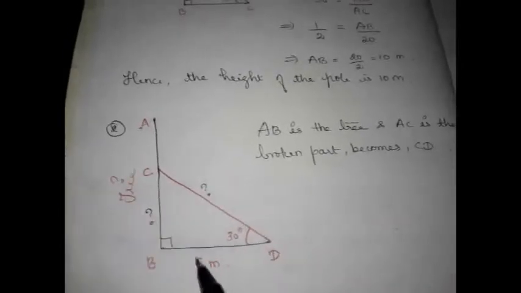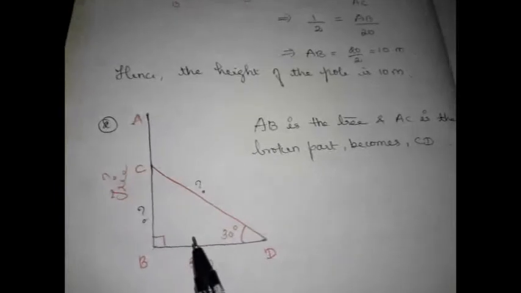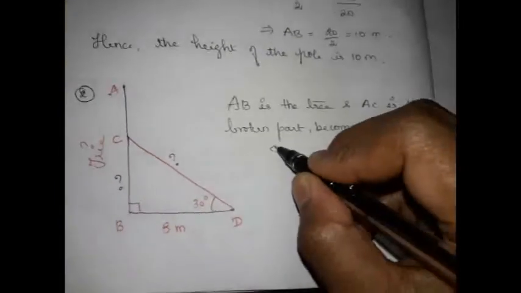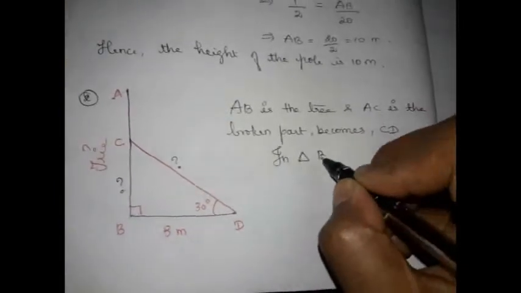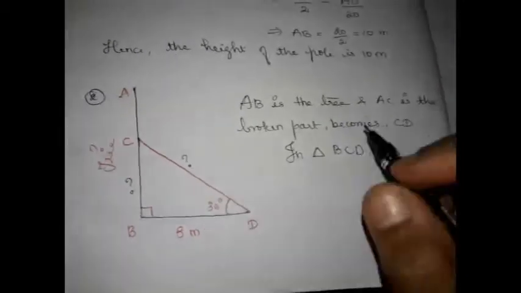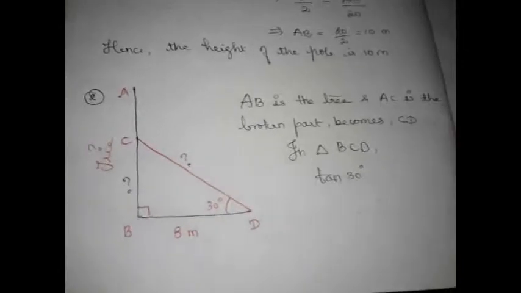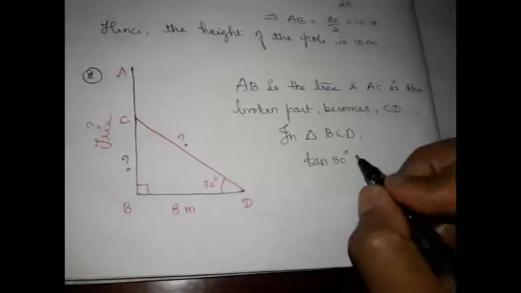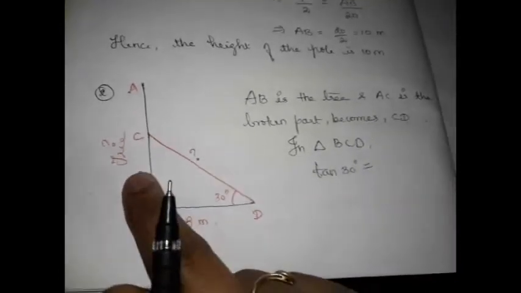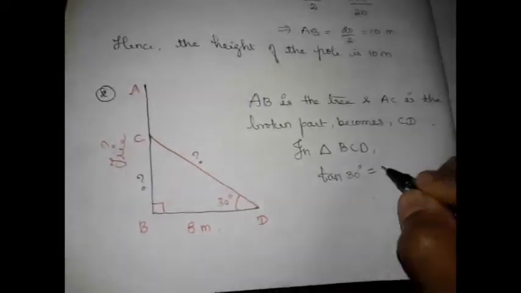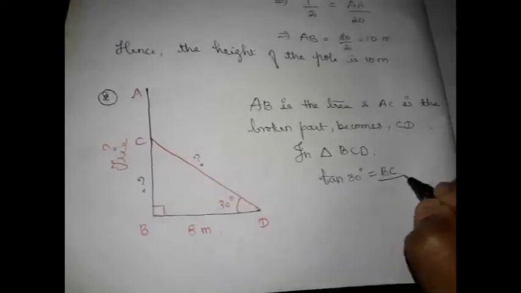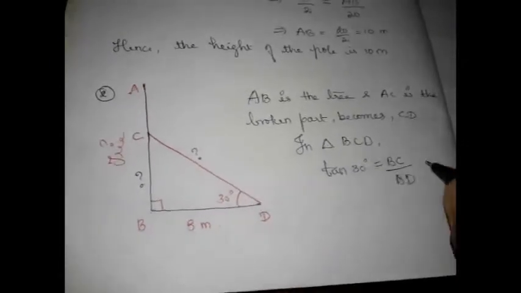So which trigonometric ratio relates both opposite and adjacent side? Tan ratio. So in triangle BCD, tan 30 is equal to opposite divided by adjacent. BC divided by BD.